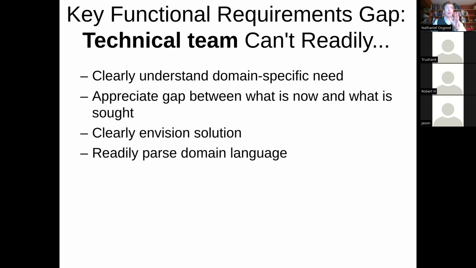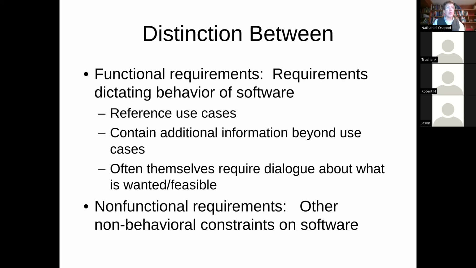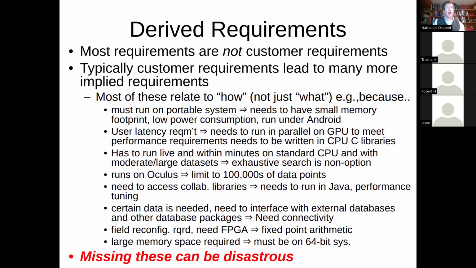And the developer team also needs to understand more deeply what the need is in that domain area, and what alternatives are available now, and what their gaps are, what the real problem is that is driving this need.